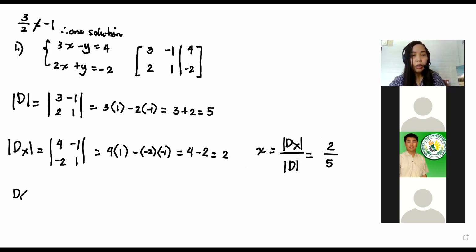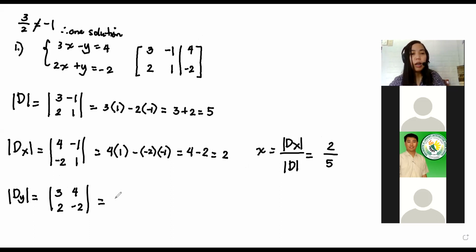Next, the determinant of Dy. For Dy, you copy the coefficients of x, and for y, you replace them with the values of your constants, which are 4 and -2.